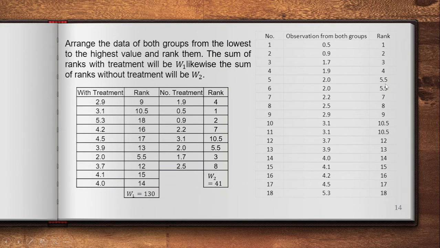So, paano po nangyari to? Itong half, 5.5. Now po, pag naka-encounter po tayo sa observation from both groups na same, ang gagawin po natin para ma-rank po natin sila, i-plus po natin ang 5 plus 6 is equal to 11 divided by 2.